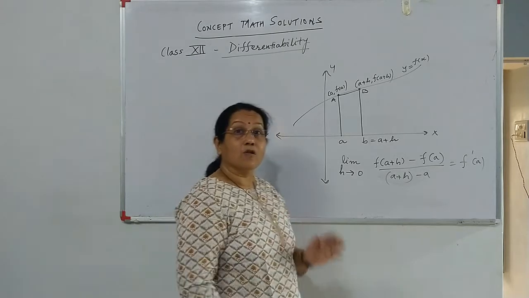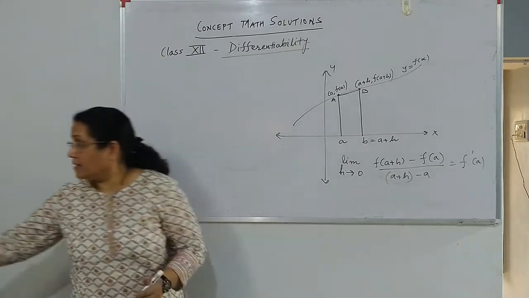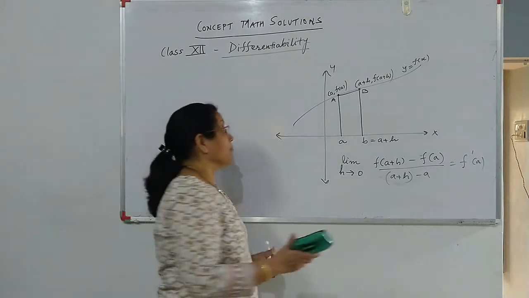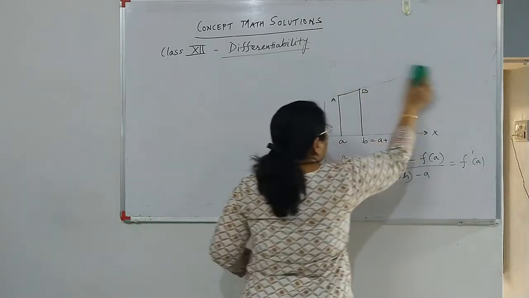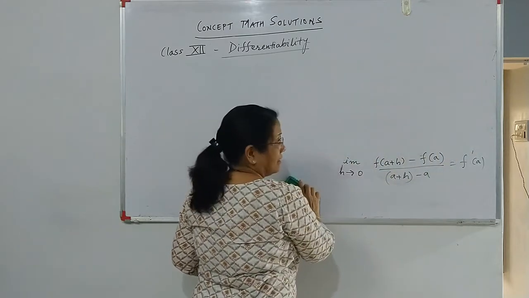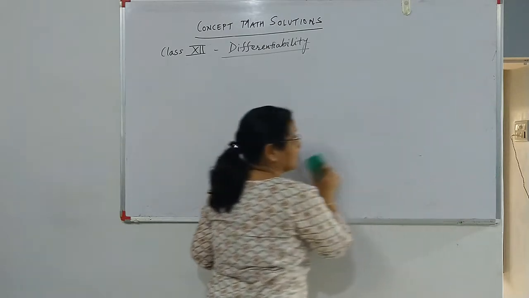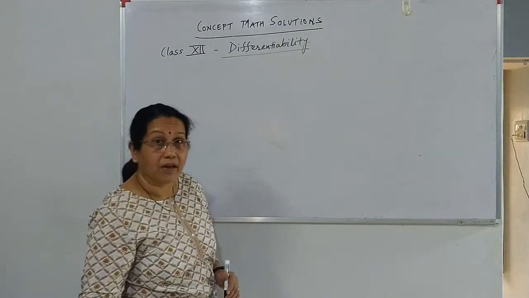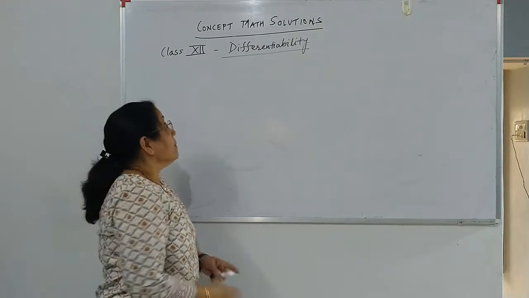Also, it is the slope of a tangent. Now, to differentiate, we would be using this definition, and this we call differentiation by first principle. If you remember, we have done this earlier.